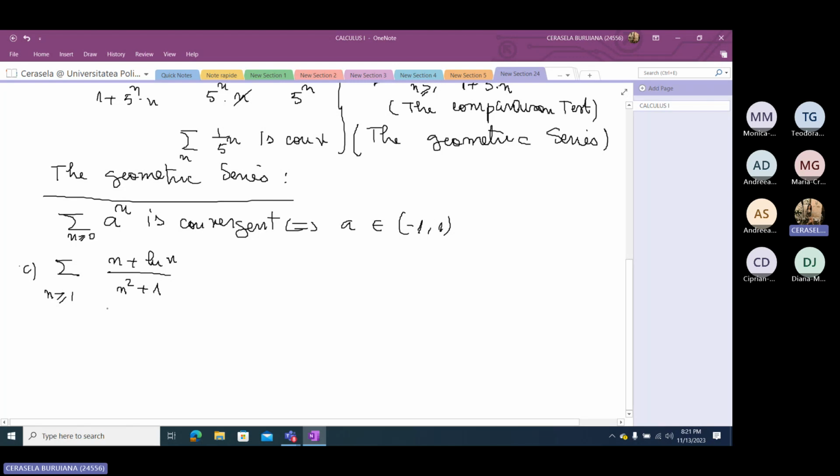Who has an idea? Yes, please. We can compare it with n over n squared plus 1, since logarithm of n is more than n.